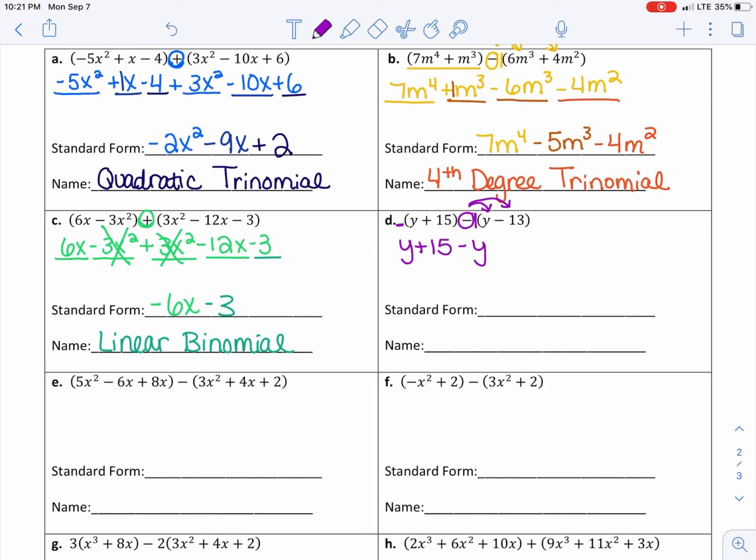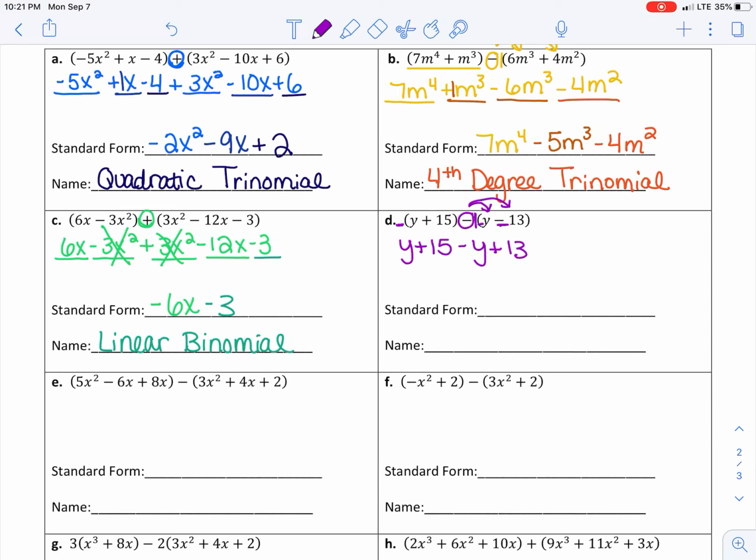And negative 1 times negative 13 becomes a positive 13, because whenever you multiply two negatives, you get a positive. Now, basically, what you're doing whenever you're distributing that negative 1 is changing your signs. So this was positive in my parentheses, it became negative. This was a negative 13, it became positive.